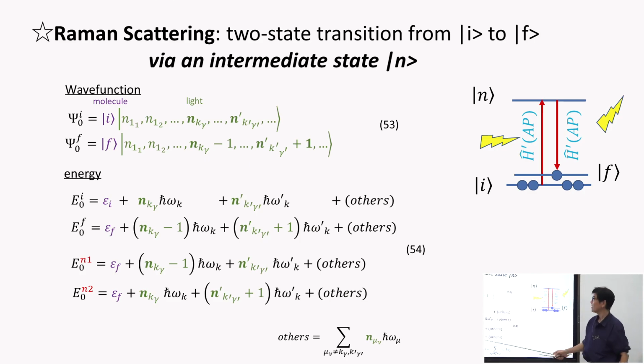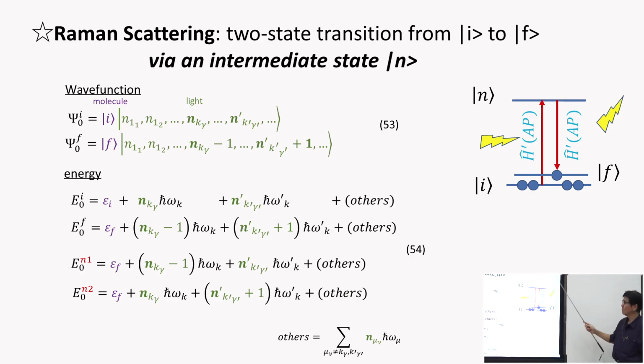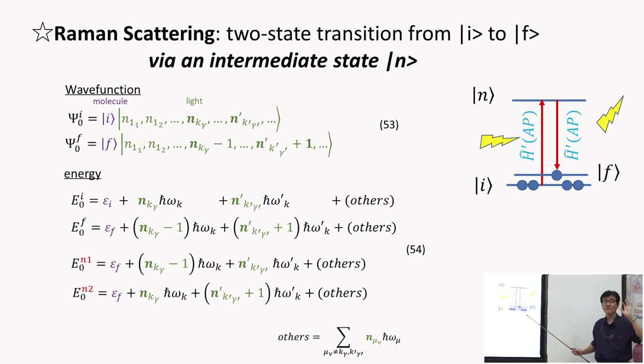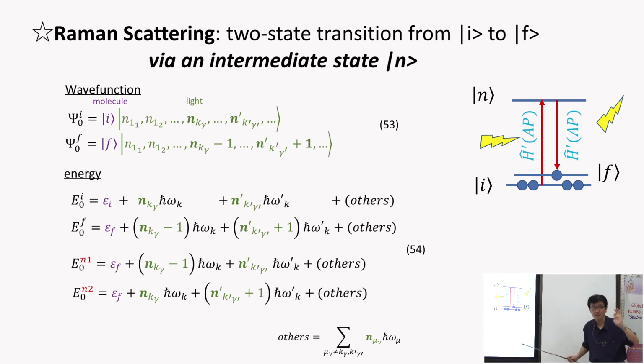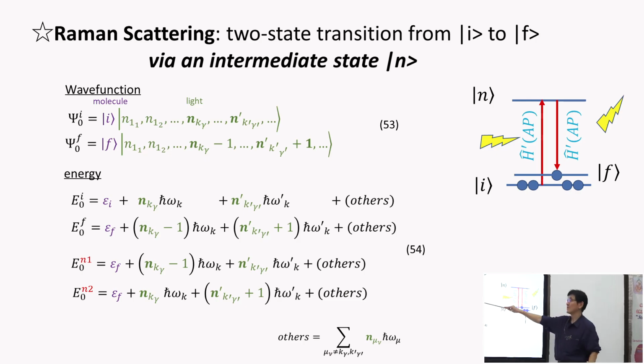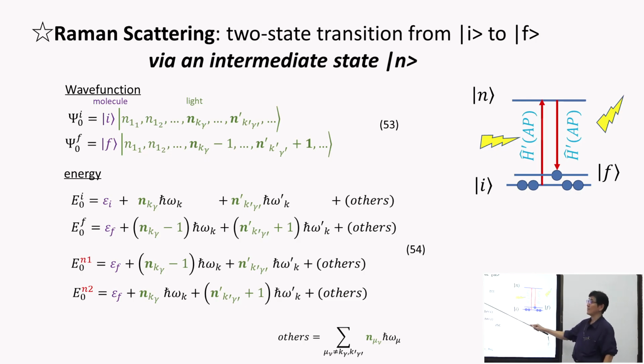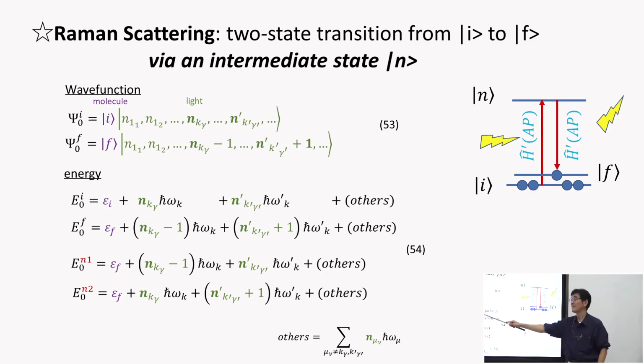I explained that AP contains a creation operator and an annihilation operator. So it may increase the number of photons or decrease the number of photons. Anyway, in the final state, something decreases 1 and something increases 1, but there is no hint about the order of decreasing and increasing. In that sense, we should consider two intermediates.